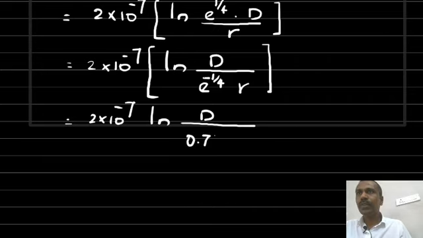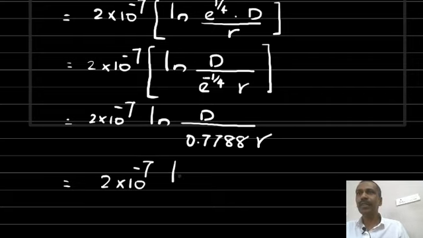This is equal to 0.7788 into r. It can be written as 2 into 10 raised to minus 7 natural logarithm d divided by r dash.